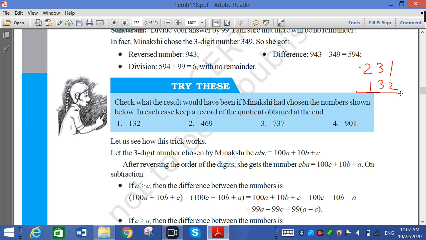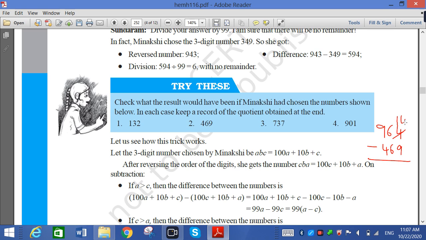If I do like that, then 99, if you will see. So reverse it, 132, reverse is 231, subtract, always divisible by 9. 964 minus 469.